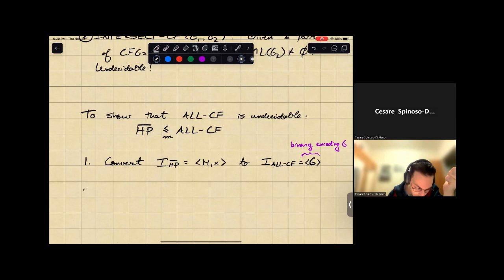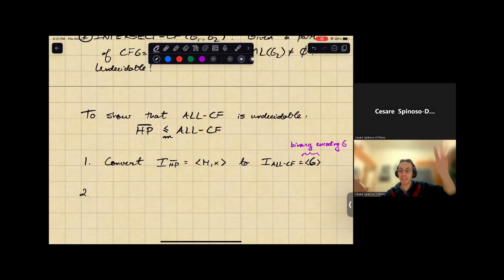My objective is step 2, and this objective is to show that a yes answer to this instance of the not halting problem corresponds to a yes answer to this instance of the all CF problem, and the same thing for the no answers, right?